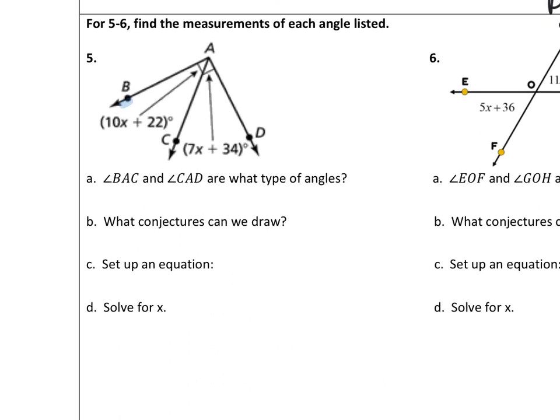We have angle BAC and angle CAD. What kind of relationship do we have here? Do they make 180 degrees? Are they vertical? Do they make 90 degrees? 90 degrees. That's called complementary. They are complements of each other, which means we know that they sum to what degree?